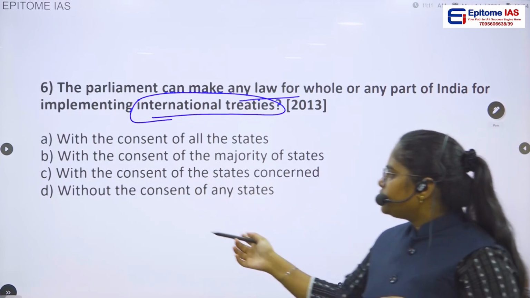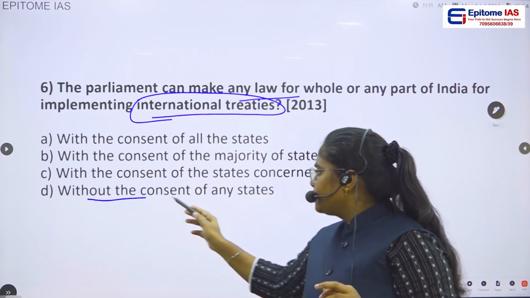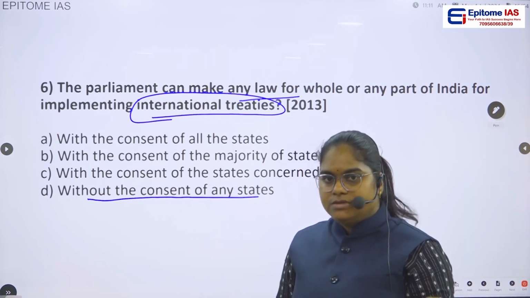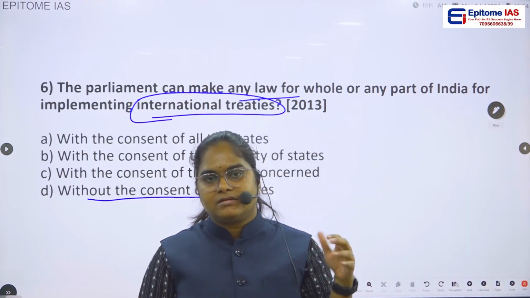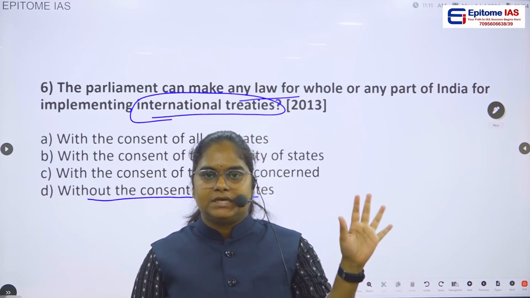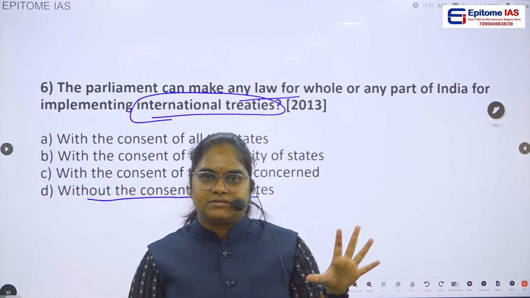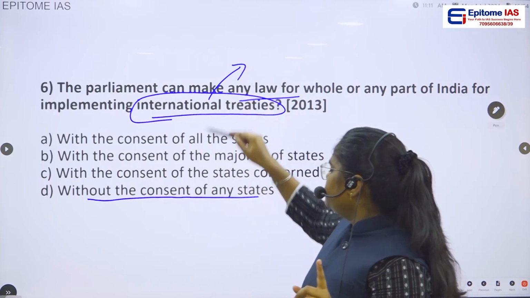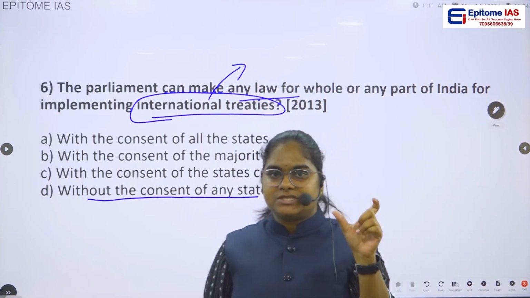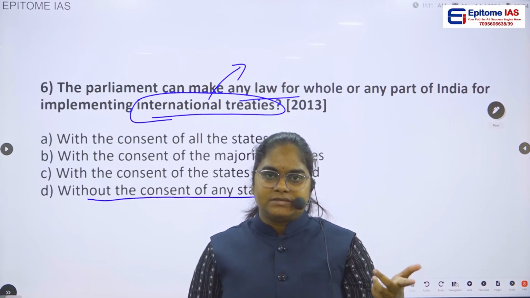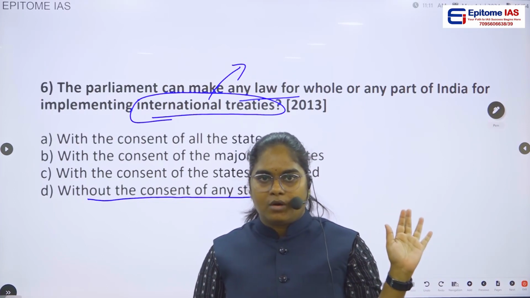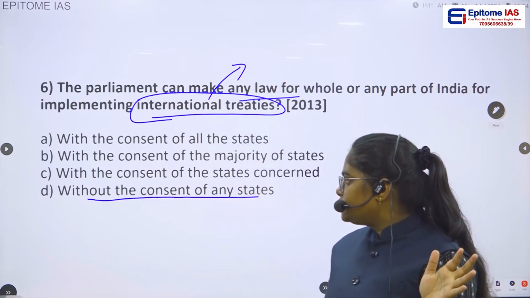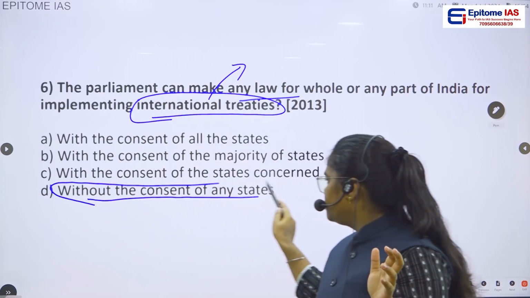And option D, without the consent of any states. So there are some cases where the parliament can make laws in the state list. One such case is when the parliament wants to implement some international treaties; in that case the parliament can make law in the state list without the consent of any states.